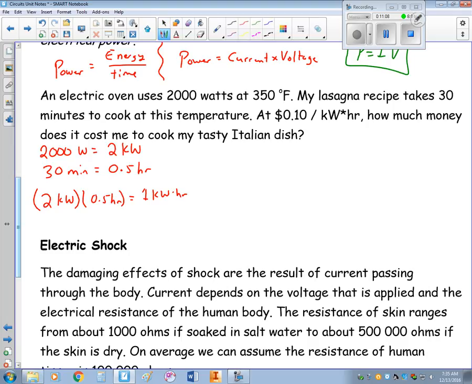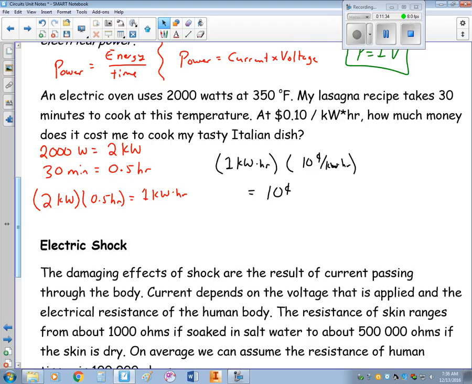Then I can calculate how much this would cost. So I'd multiply it by 10 cents per kilowatt hour. The kilowatt hours go away, and it would cost me 10 cents. So it cost me 10 cents to bake my lasagna.